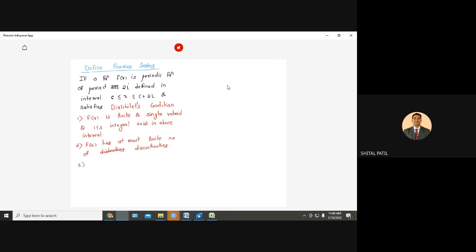Third, f of x has at most a finite number of maxima and minima.